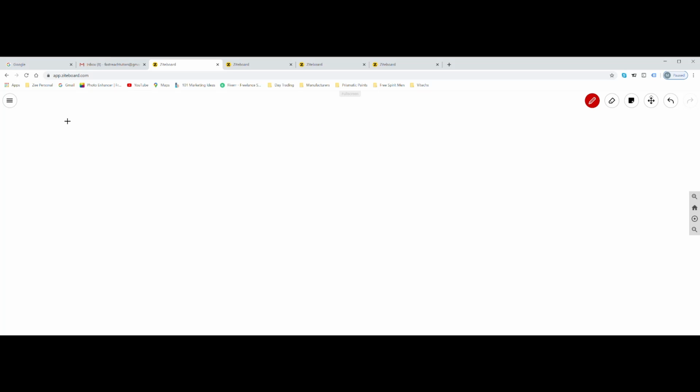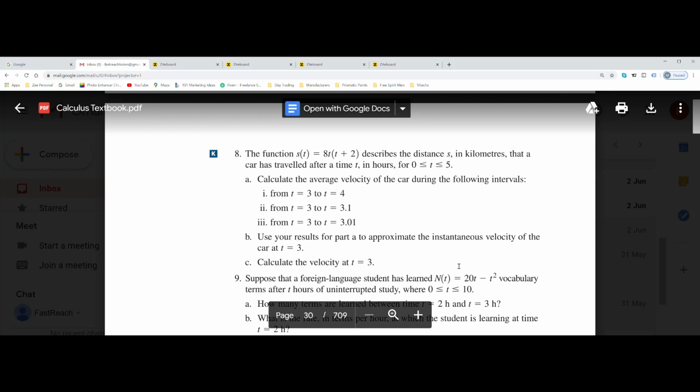Okay, so let's do this. The function is s of t equals 8t times t plus 2. Whoops. It's okay. You guys can read it. So t equals 3 and t equals 4.